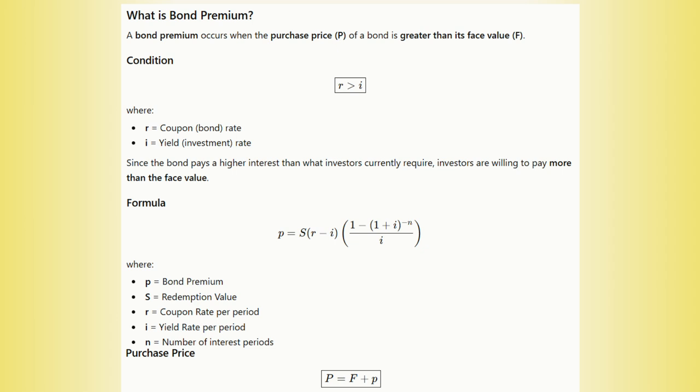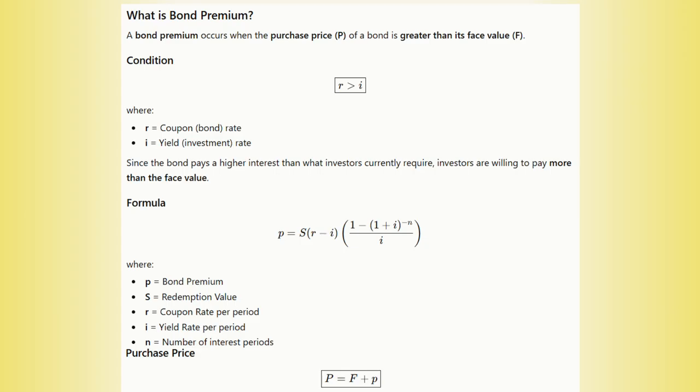Now, after we get the P or the bond premium, we will find the purchase price. We will get the purchase price by this formula, which is P is equal to F plus P.